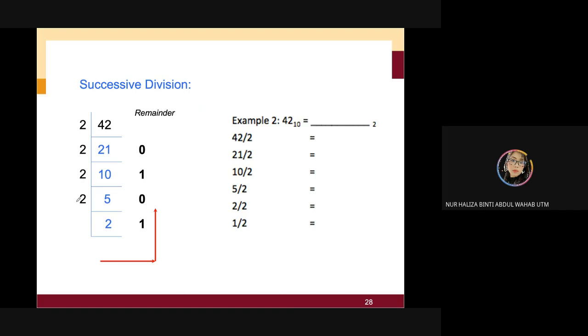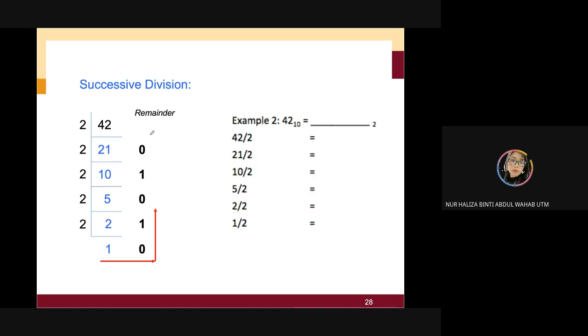And 2 divided by 2 gives 1, with no remainder, so that is 0. Then 1 gives a remainder of 1. So your answer will be 1, 0, 1, 0, 1, 0.